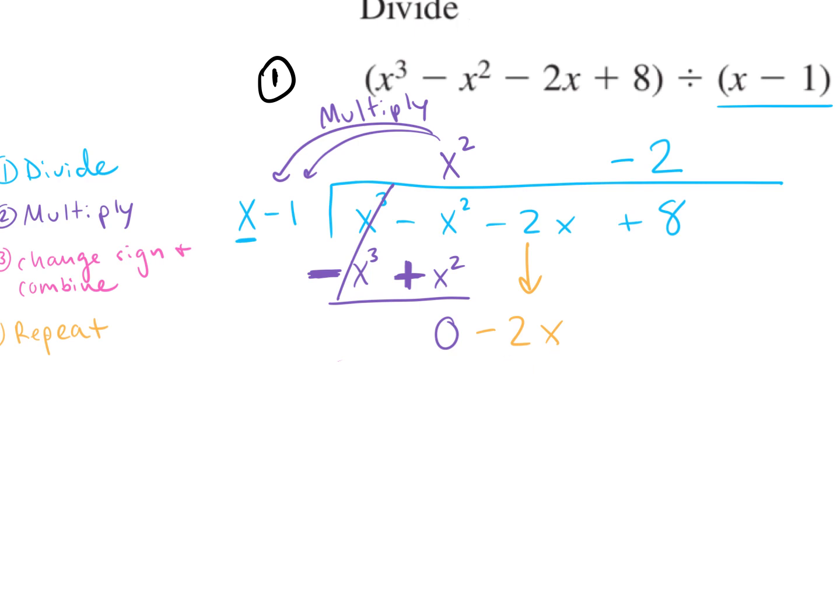After I divide, what's the next step? Multiply. I'm going to multiply that times everything out front. So negative 2 times x is negative 2x, and negative 2 times negative 1, positive 2.